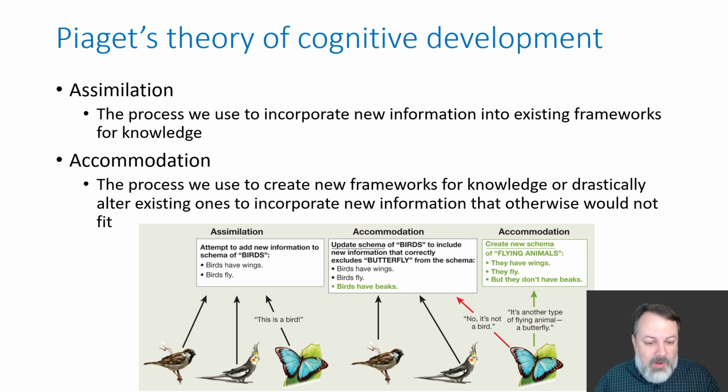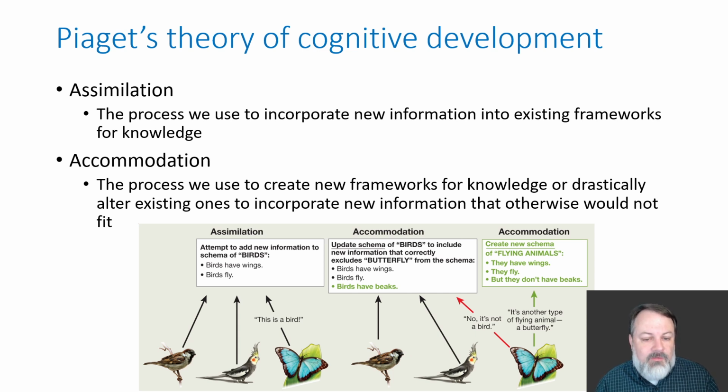And that becomes then the schema that a child is using, and so therefore that can lead to mistakes where it identifies in this case that a butterfly being an animal that has wings and can fly, that would mean that that butterfly is a bird.